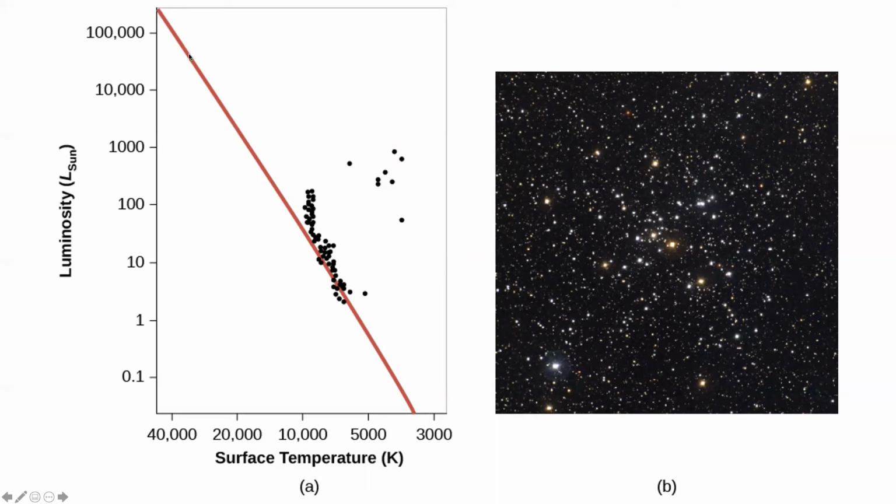And so as the cluster ages, the stars kind of peel off the main sequence. You can see the turnoff point for them is just right about in here. And so the farther down the main sequence that turnoff point is, the older the cluster is. And what you see over here are some red giants. These are the redder looking ones here.